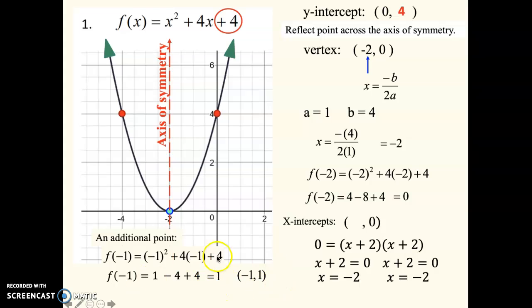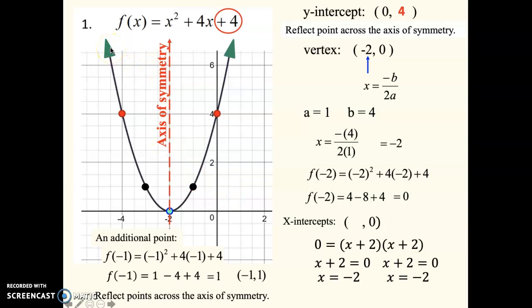So I have another point, (-1, 1). The 5th point is a reflection of this point across the axis of symmetry. If this point is 1 unit to the left of the axis of symmetry, I've got to have another point 1 unit to the right of the axis of symmetry. So now I have the 5 points I need to define the shape of my parabola.